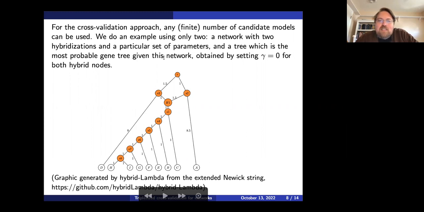Okay, and we're just distinguishing whether the network has this hybridization event, or whether the data come from a tree. And so we set our inheritance parameter for the hybrid node to be either 0, 0.1, 0.2, or 0.3.